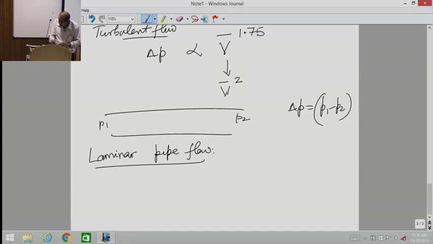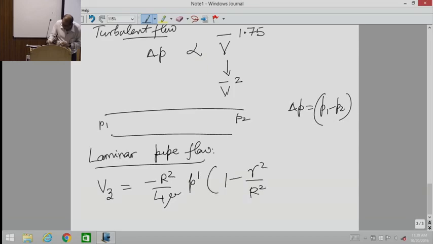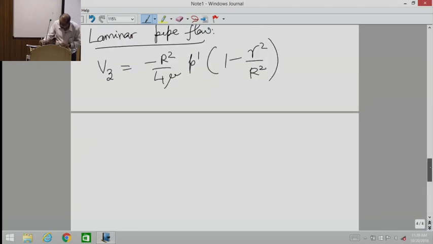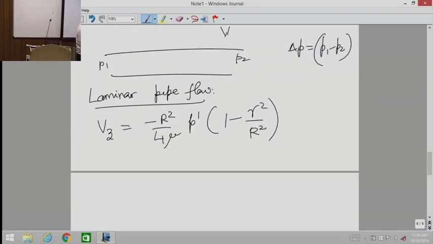In laminar pipe flow, the formula which we derived was Vz equals minus R squared upon 4 mu P prime. This formula was derived in the tutorial sheet. We did the formula for flow between two plates in the class. This we have also done.